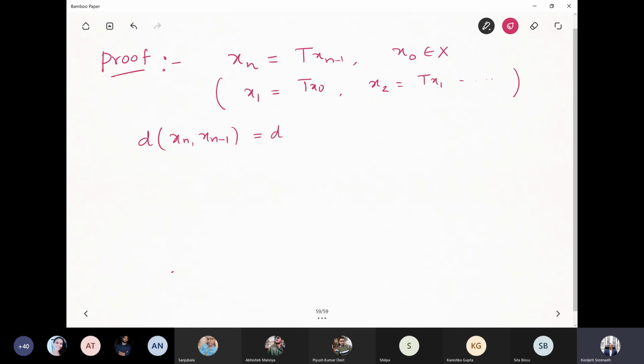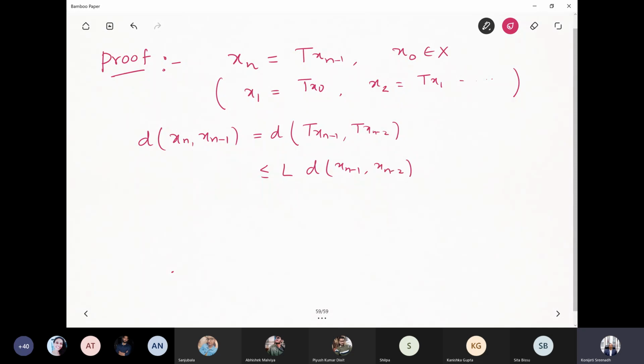Just use what is T of xn. We know xn is T xn minus 1, and xn minus 1 is T xn minus 2. By contraction, this is less than or equal to L of d of xn minus 1 and xn minus 2.